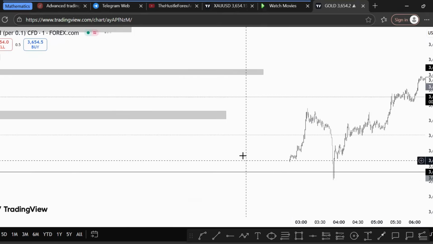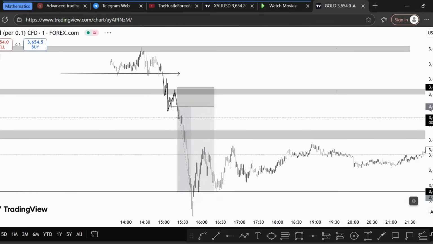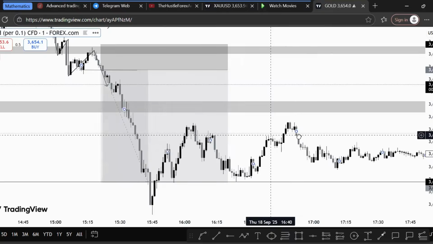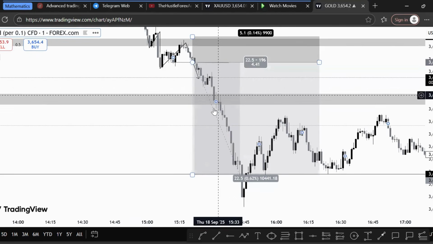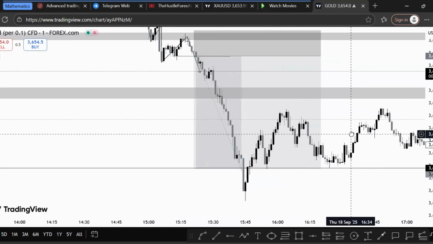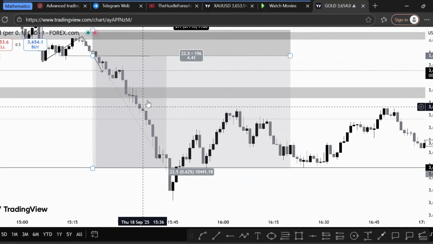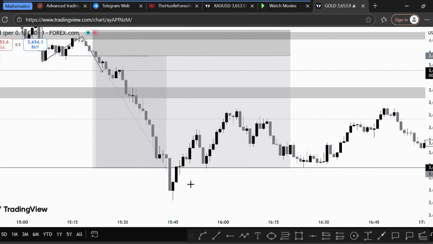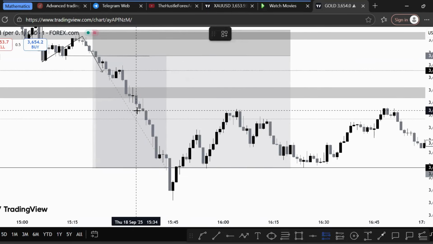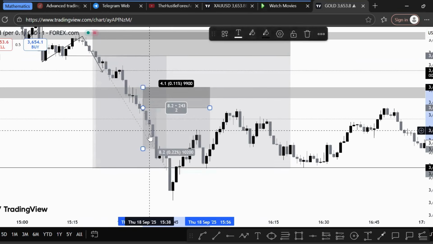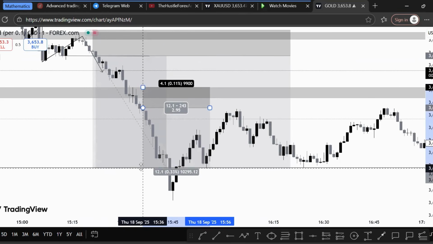You get to realize that the 1 minute actually gave another entry there. It gave a doji candlestick up here, and because you know you're already in sales at the top, you could have said, okay, I might take this rejection, stop loss just here at the top, and aim for this.